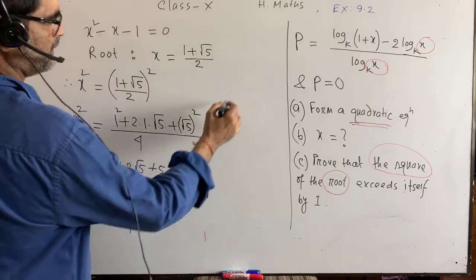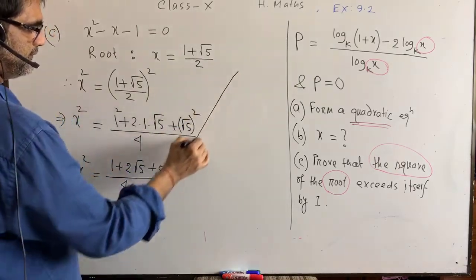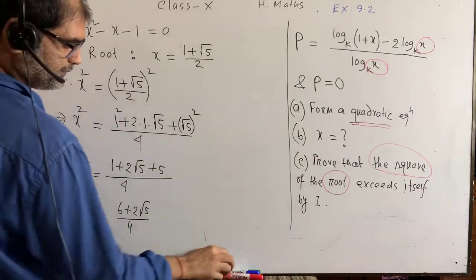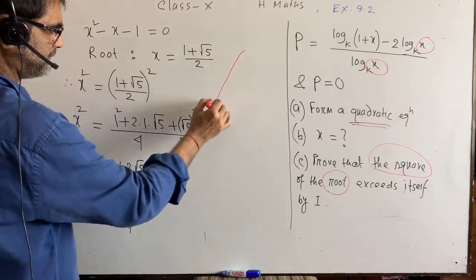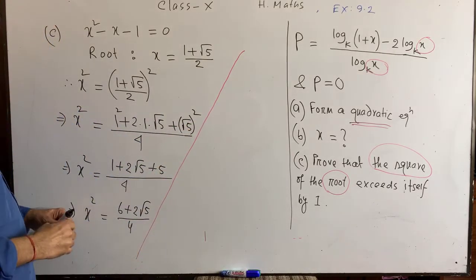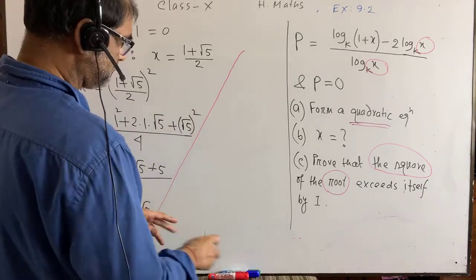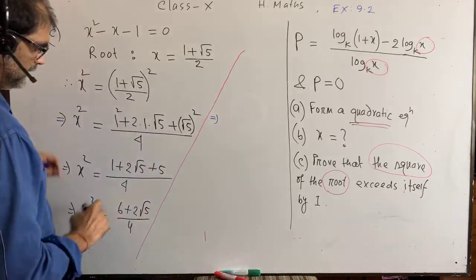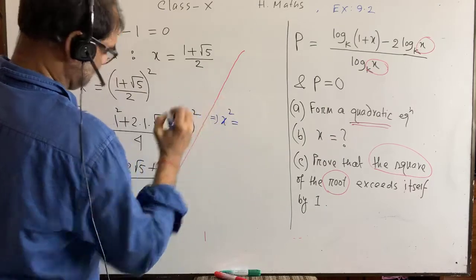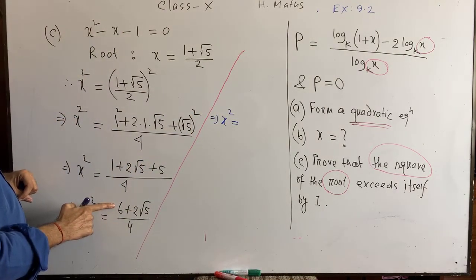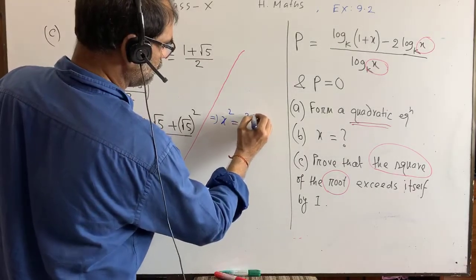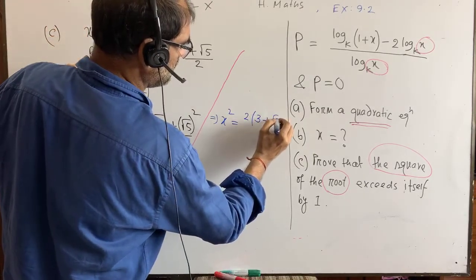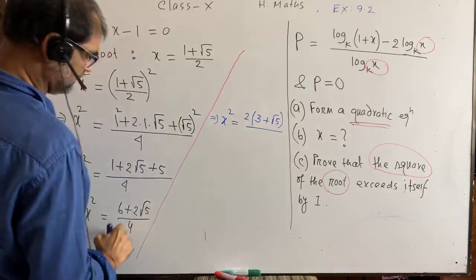Okay, now you see we can write here x square is equal to, if I take 2 common here, that means we will get 2 first bracket 3 plus root 5 by, this is 4.